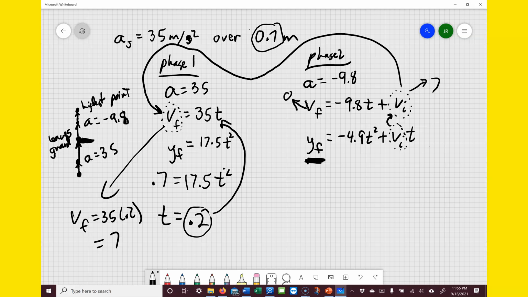So we're in business now. 0 equals negative 9.8 t plus 7. I can solve for t now. I can subtract 7 and divide by 9.8. 7 divided by 9.8, 0.714 is t.